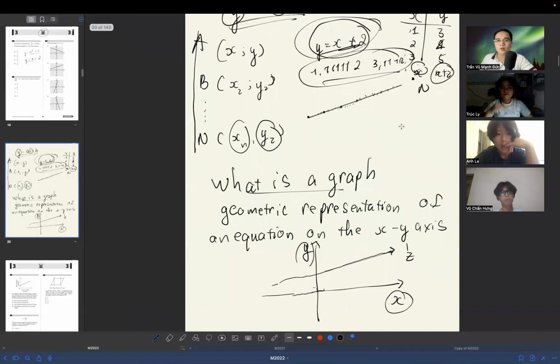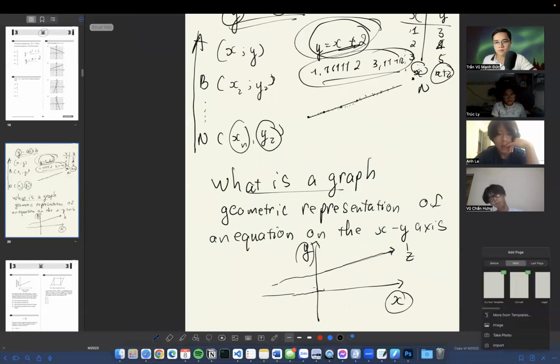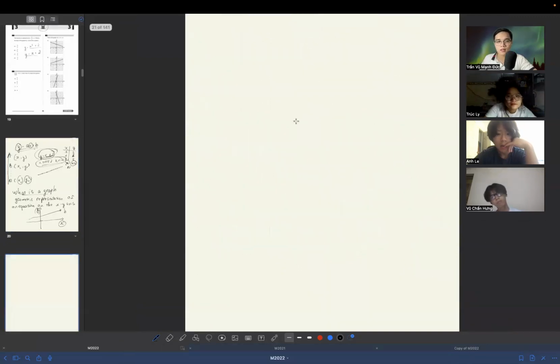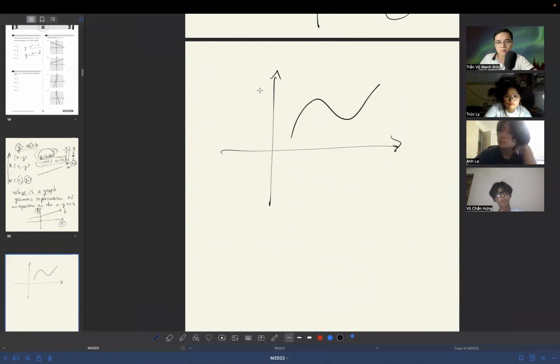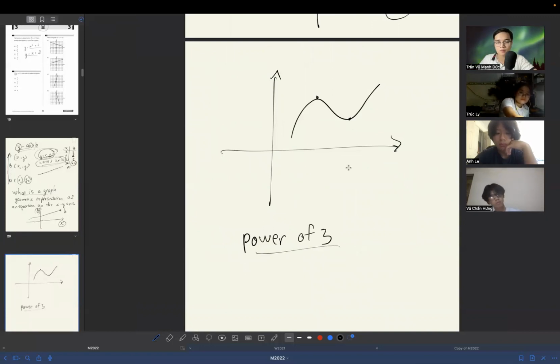So what if I give you this arbitrary shape? I'm going to give you this equation. This is a polynomial, an equation with the power of 3. This is the shape of the power of 3. And what does this represent?